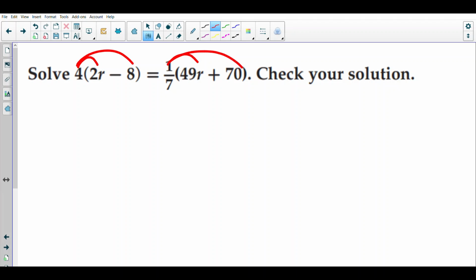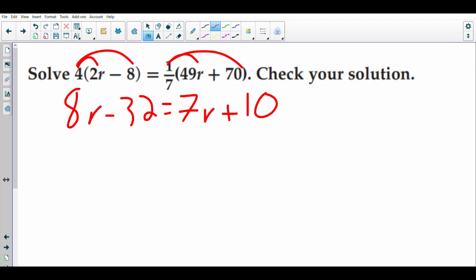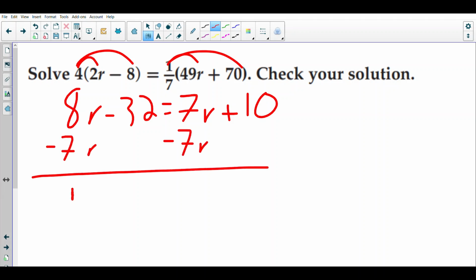So on the left, I get 8r minus 32 equals, and on the right side, I get 7r plus 1. So there we go. So now again, I'm going to move things around. I'm going to move the variables to the left. So I'm going to subtract 7r from both sides. So I get r minus 32 is equal to 1.